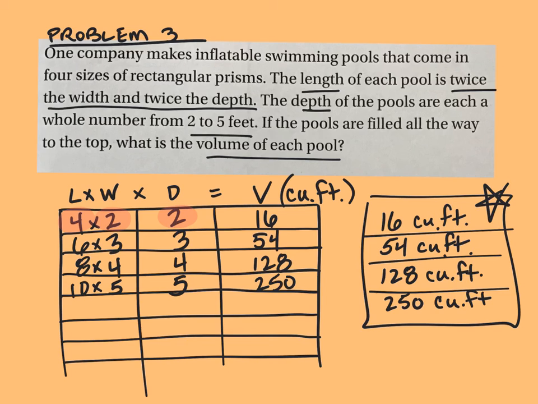So I filled out my depths first, matched those with my widths, and then the length was 2 times that. From there, once I had my table filled out, then it was easy to find out the volume of the different swimming pools. So here, right here, are my answers, and they are labeled properly.